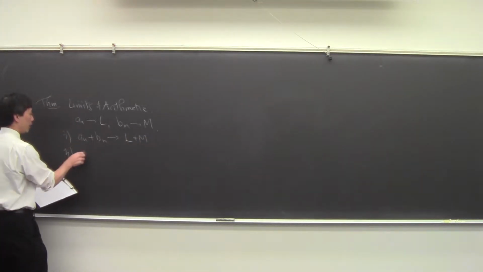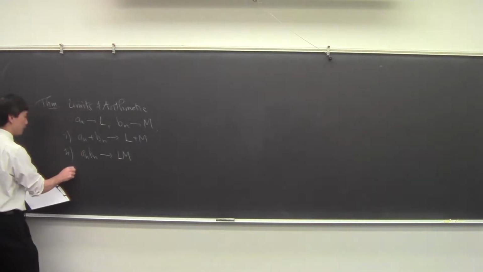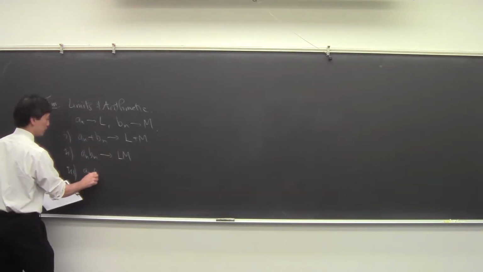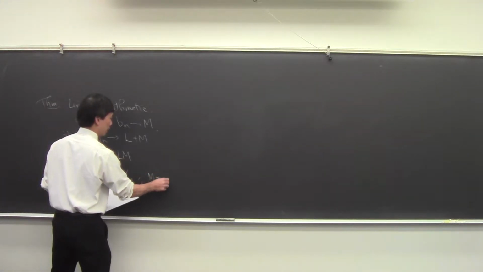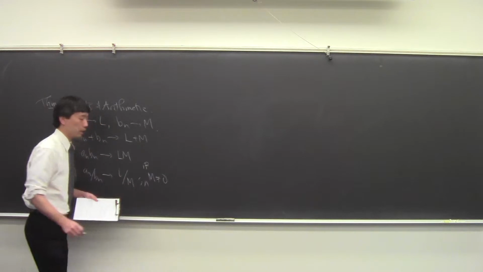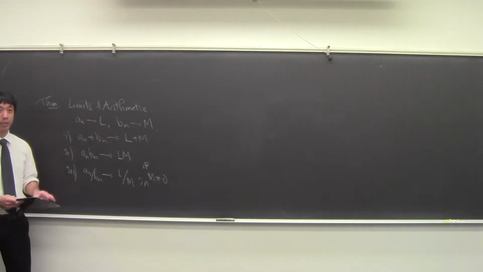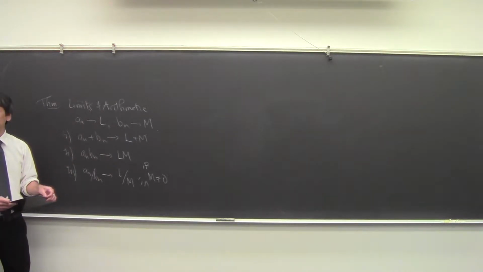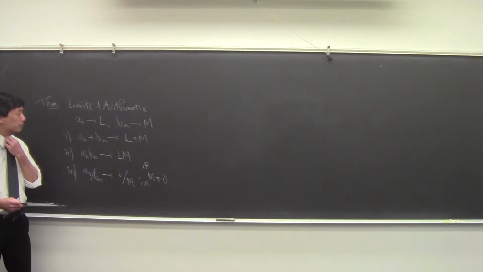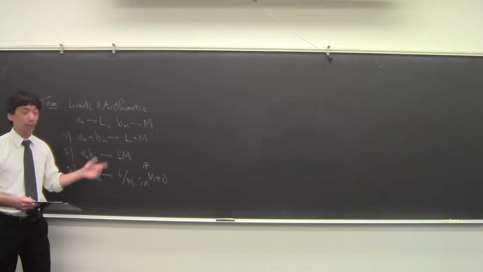The product of the sequences would converge to the product of the limits. The quotient of the sequences would converge to the quotient of the limits, as long as the second limit was non-zero. Yeah, then it said some other things. Okay, but basically, how do you combine limits and arithmetic?